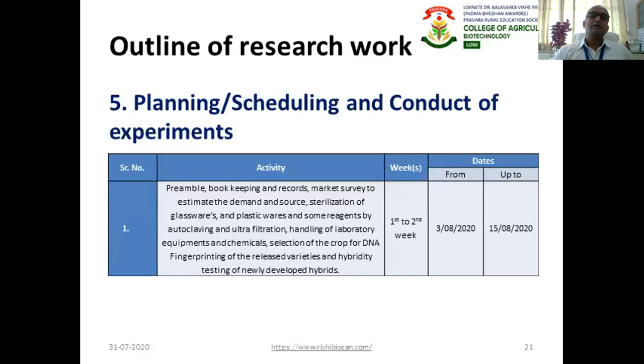So the dates will keep reminding you whether you are lagging behind or doing your research on time. So this is a simple table you should add in the outline of research work, so your research guide or another person can know how you are going to conduct the research.